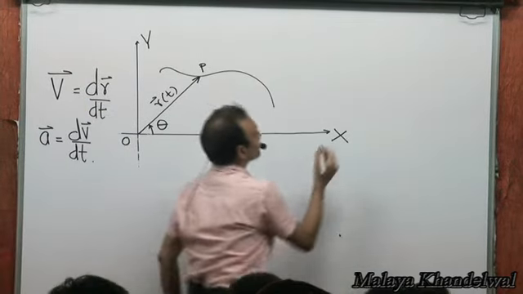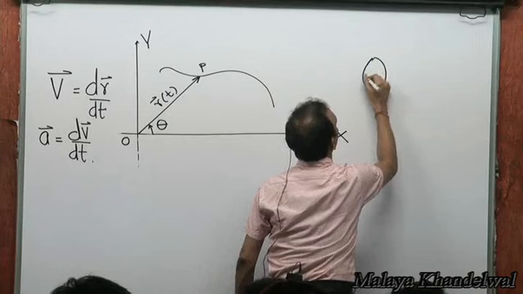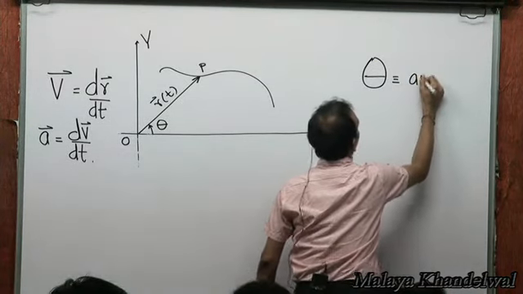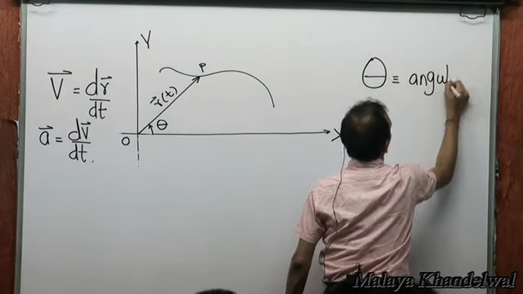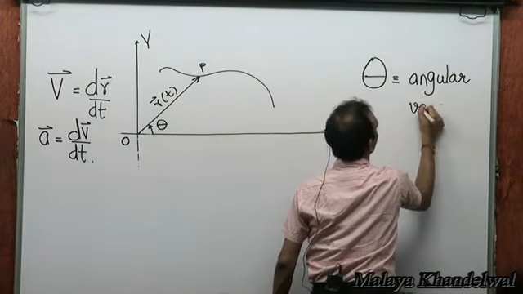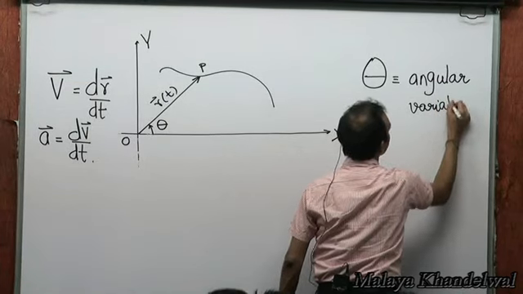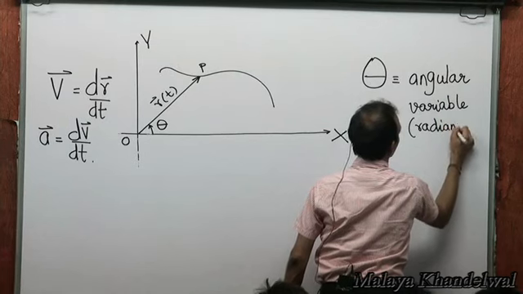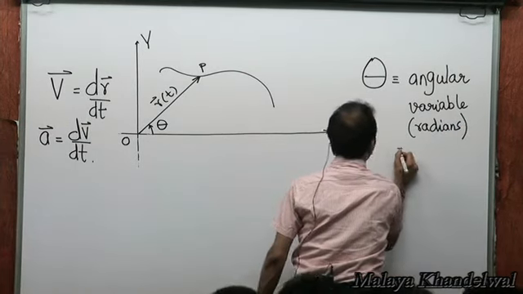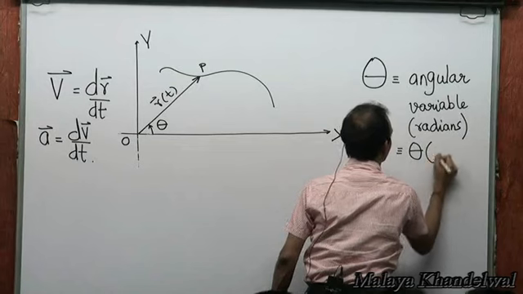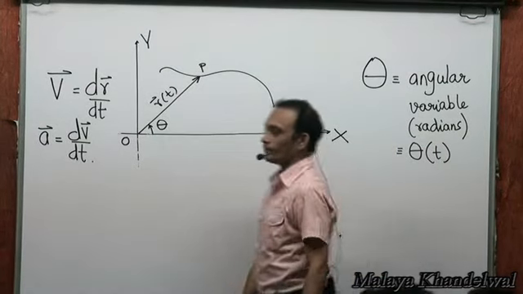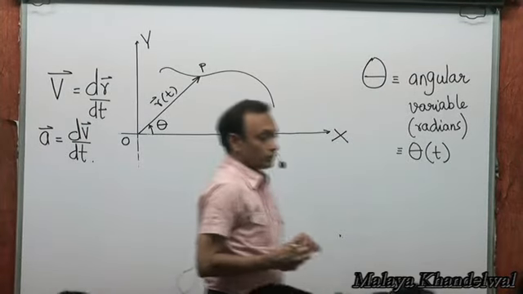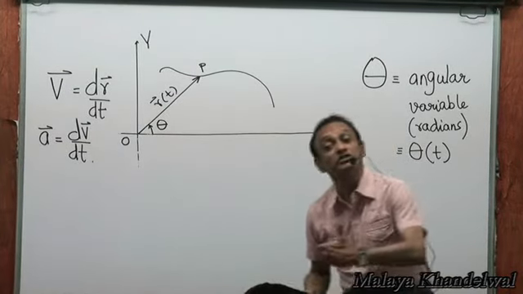So this theta, which is an angular variable, which we will measure in radians invariably, will be a function of time.